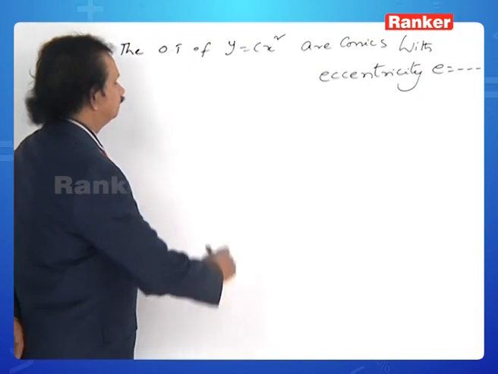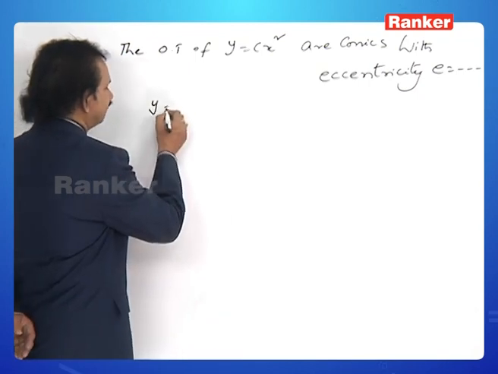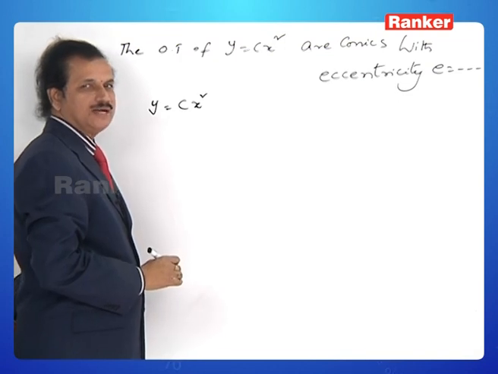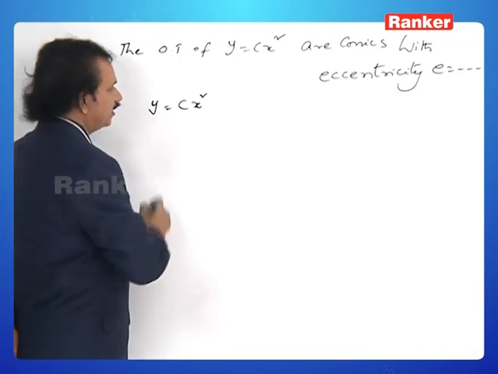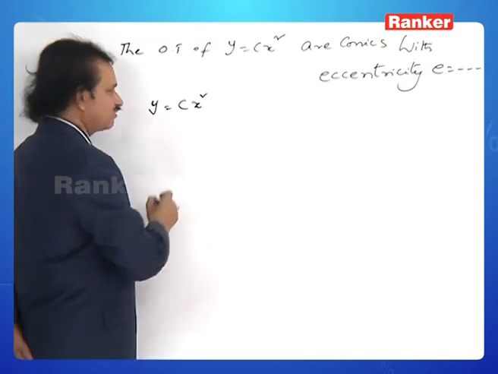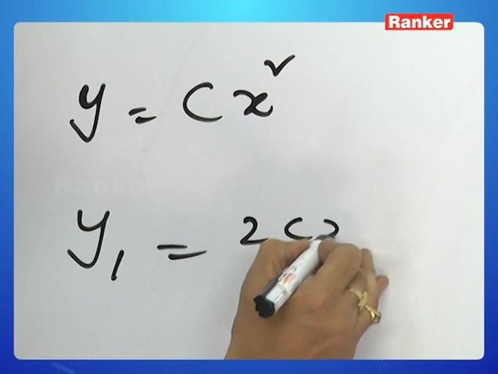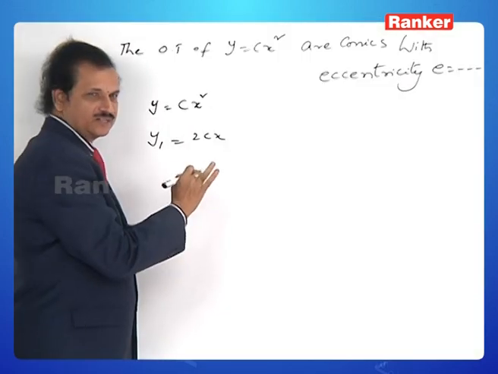The first step, what is the family? y is equal to cx square. The second step, obtaining its differential equation. Differentiate it with respect to x on both sides. y1 is equal to 2cx. Isn't it?